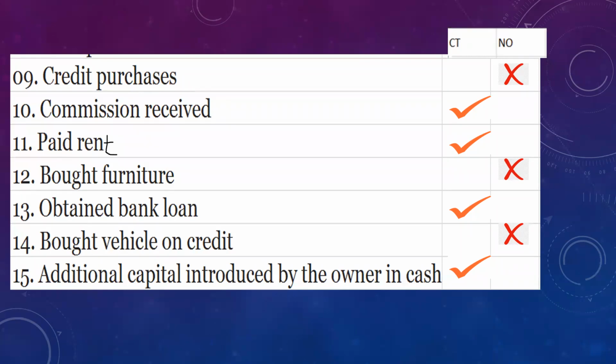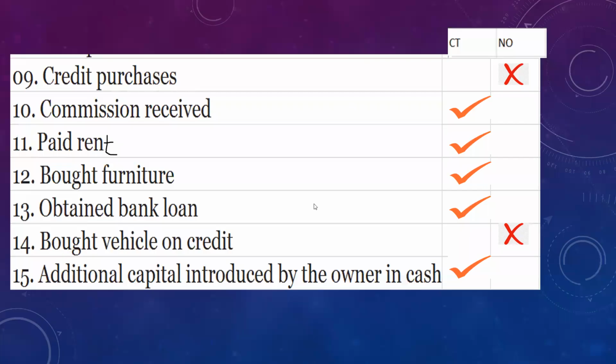Therefore, bought furniture, number 12, is a cash transaction. I just mark it for you to check, okay? If it is wrong, correct it. If you have doubt, please ask.